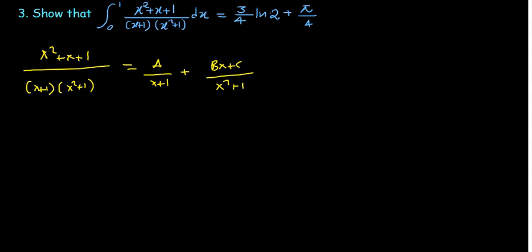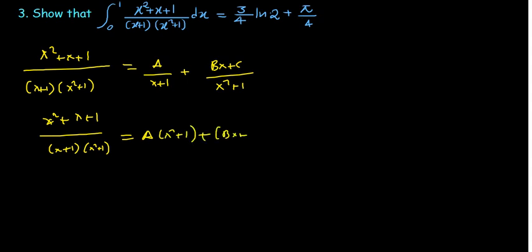And so in this way we're going to have x squared plus x plus 1 over (x plus 1)(x squared plus 1), and that is going to be equal to a(x squared plus 1), we're just merging as a single fraction, plus (bx plus c)(x plus 1), divided by (x plus 1)(x squared plus 1).